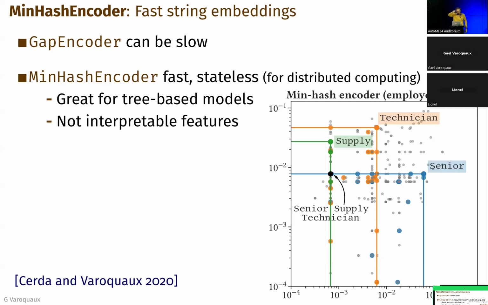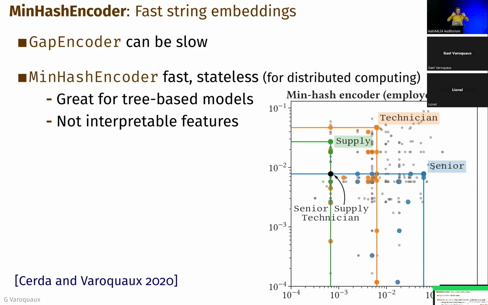So all the strings that contain supply are lower than the representation of supply. For instance, here I've shown senior supply technician, and you can see that it's below in all directions the hashing of supply, the hashing of technician, and the hashing of senior. It's very hard to interpret. It's very hard to get a picture in your brain.